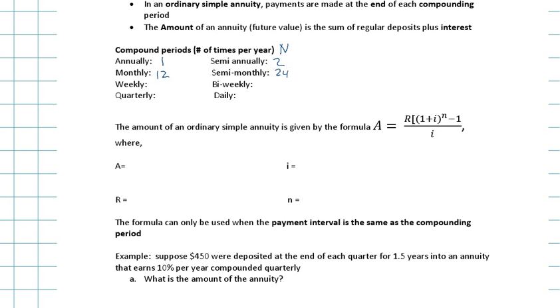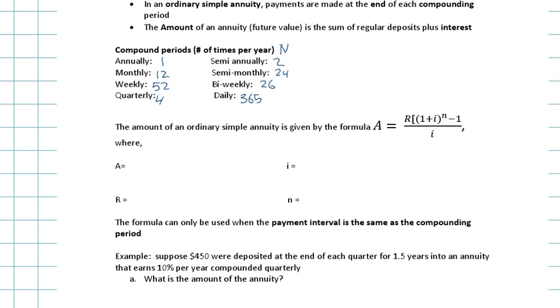Weekly, 52. Bi-weekly, 26. Quarterly, 4. And daily, 365. Okay? So we're still going to use this big N to find small i and to find small n.